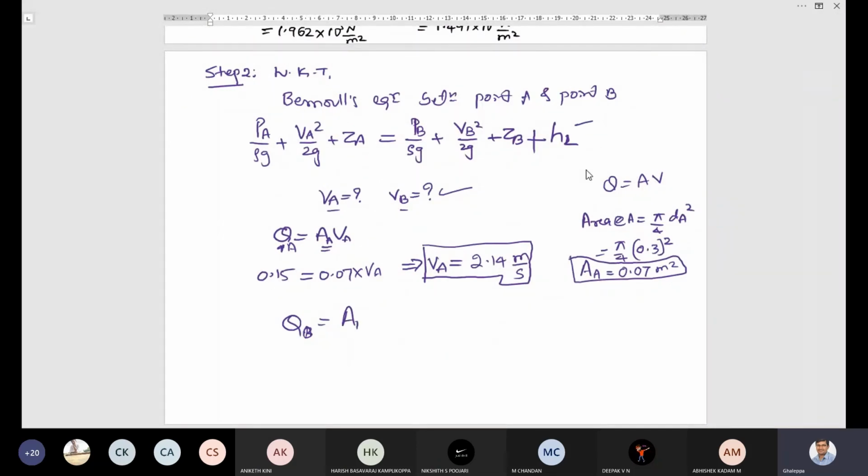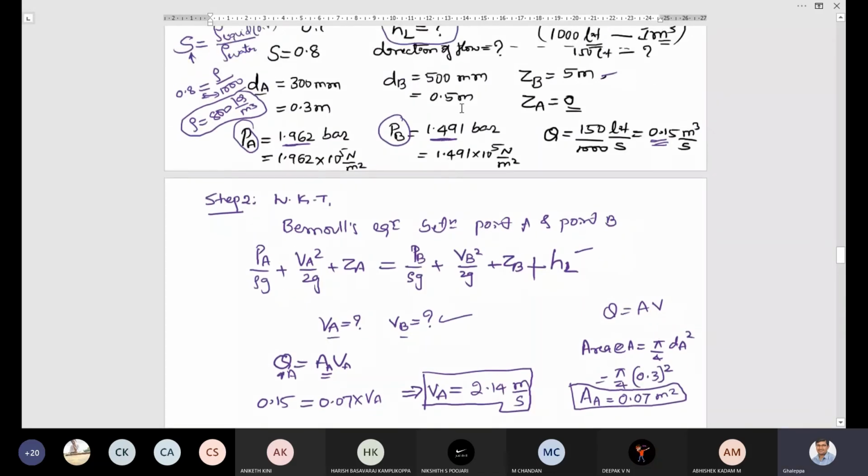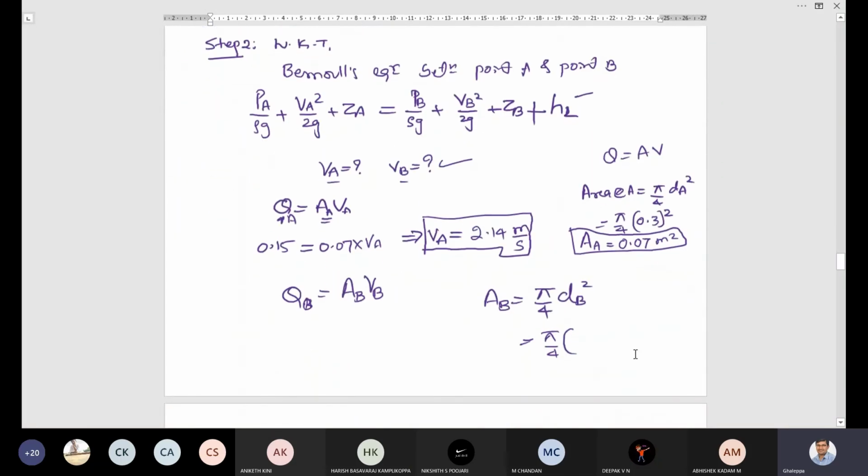So area at point B, velocity at point B. Area at point B is equal to pi by 4 times the diameter at point B squared. What is the diameter at point B? How much has he given? 0.5 meter. Substitute 0.5 meter whole square.